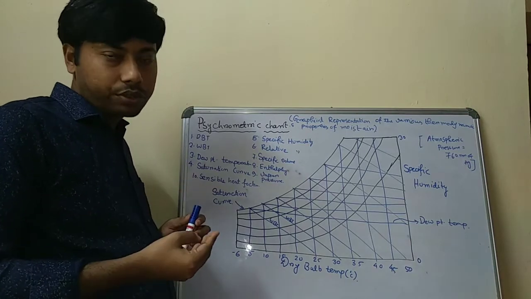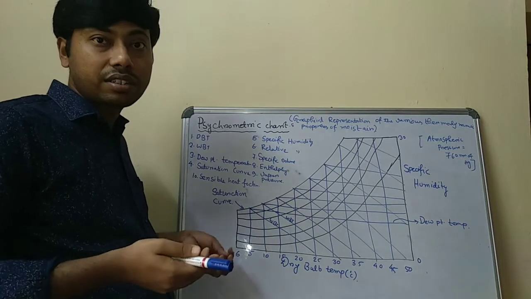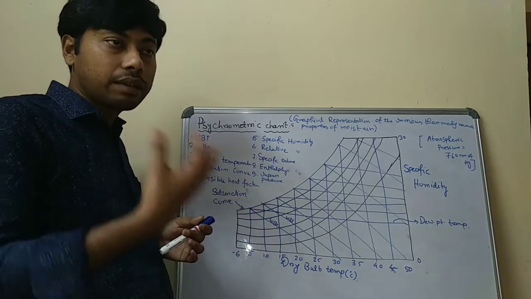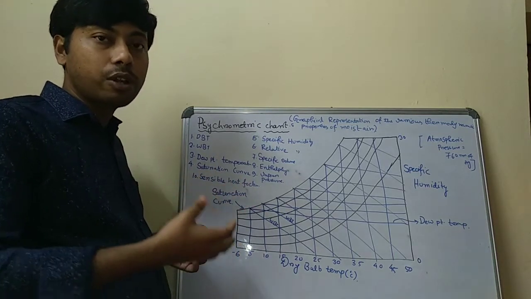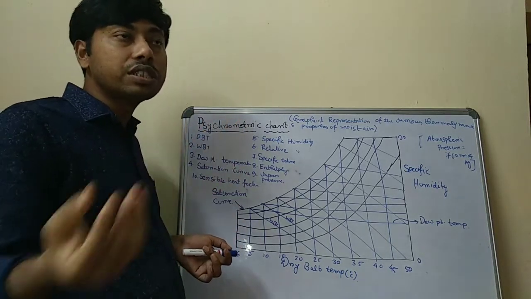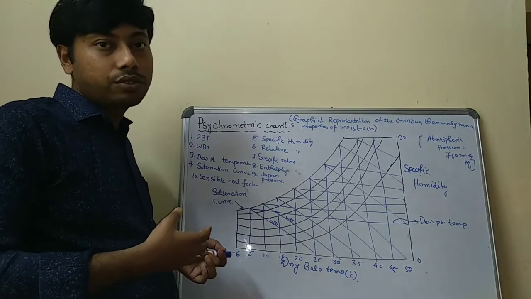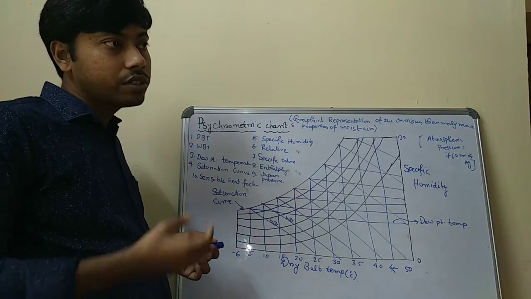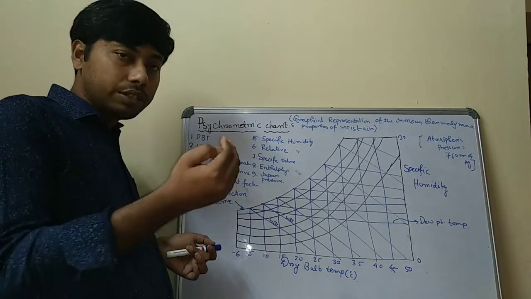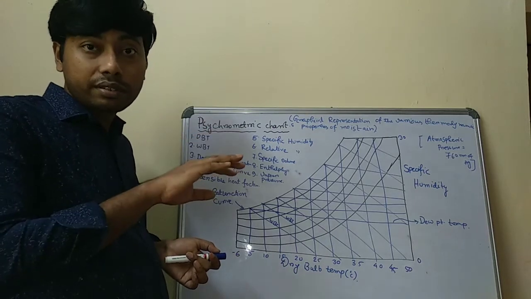It actually reduces the thermodynamic calculations in RAC units, meaning air conditioning units. It is very important too, because calculations are required for dry bulb, wet bulb, enthalpy, relative humidity and specific humidity when you design or produce an air conditioning unit. So obviously all those thermodynamic properties should be calculated, and for this you can use the psychrometric chart as a tool. So it reduces the calculation part also.